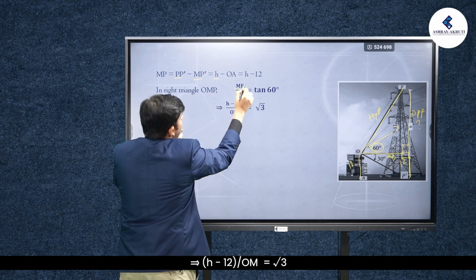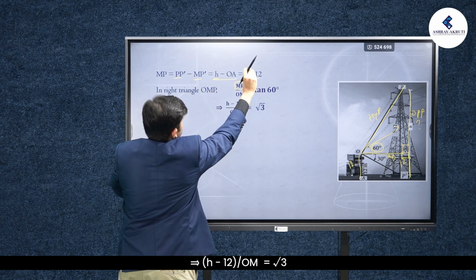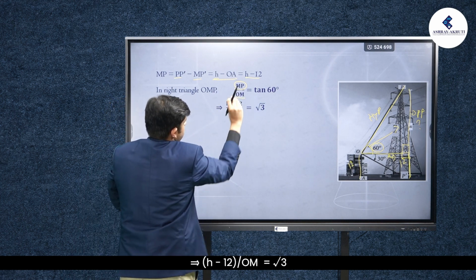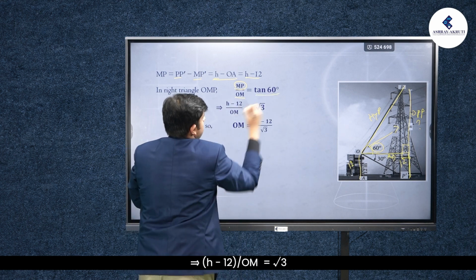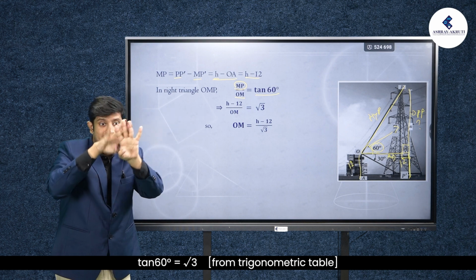That gives H minus 12 by OM is equal to root 3. Tan 60 degrees is equal to root 3 from trigonometric table.